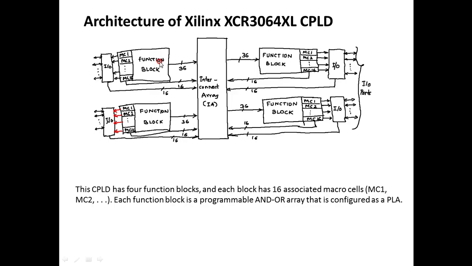You can see here the signal is coming from function block to interconnect array, that is from PLA to interconnect array, or the signal is going from function block through macro cell to IO block and then to IO pin. So you can observe from macro cell data is coming to interconnect array, from macro cell data is going to IO block also, from IO block also data is coming to interconnect array, and then it can be connected to the external world through IO pins also.